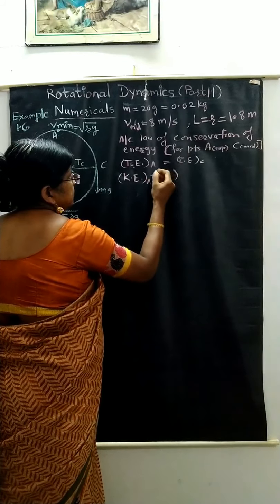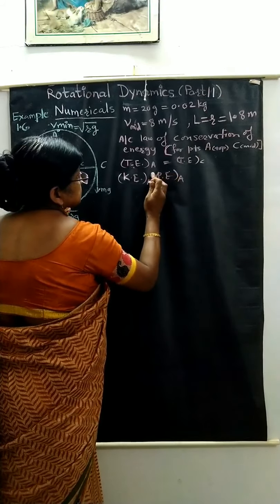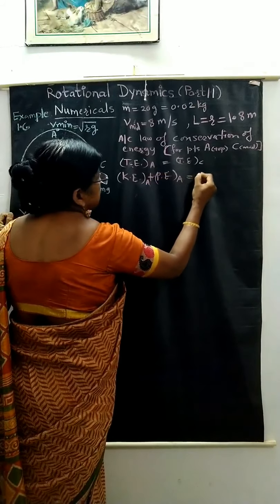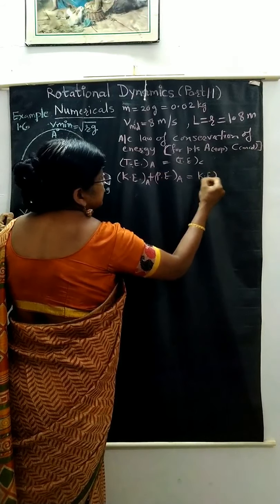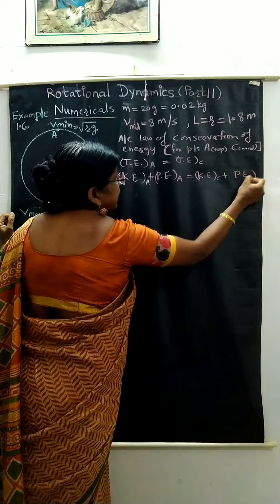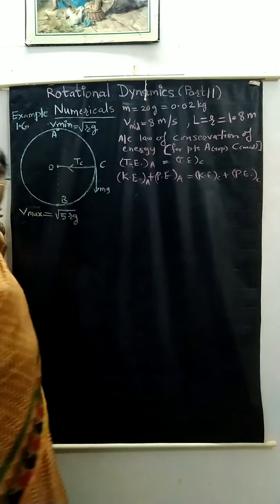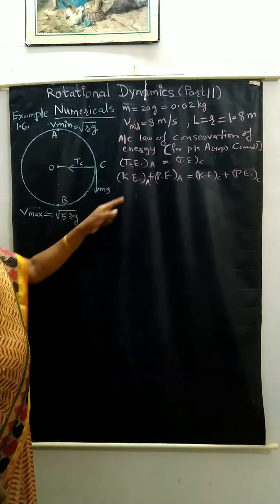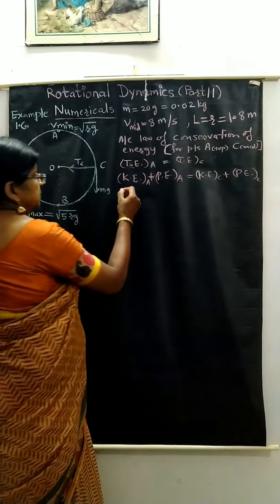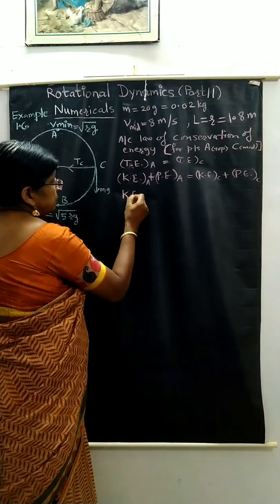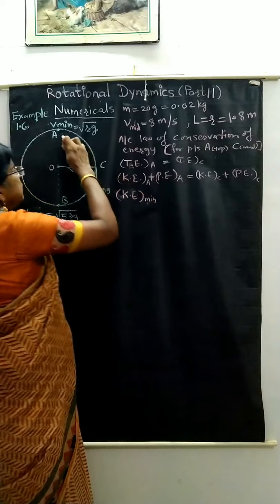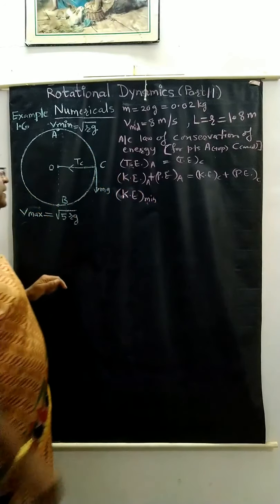At point A it is equal to kinetic energy at point C plus potential energy at point C. Now kinetic energy at point A, it is the minimum kinetic energy. So we have not to substitute for it. We simply write kinetic energy minimum because at point A it is minimum.